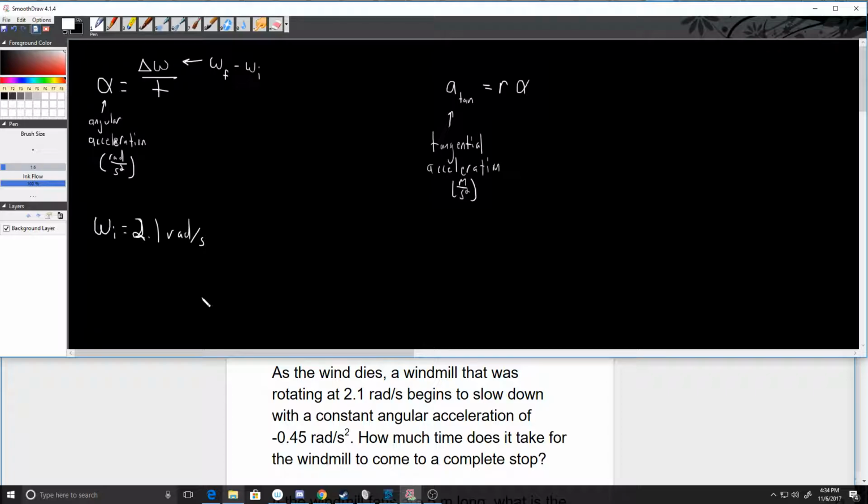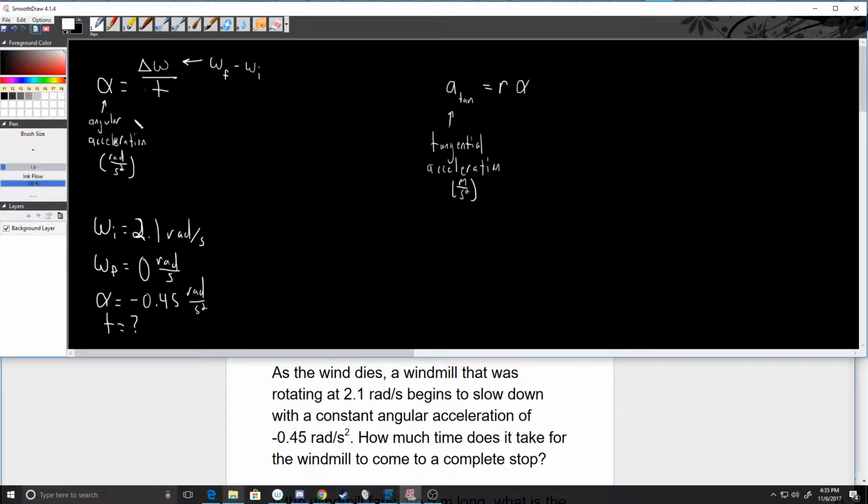They want to know how much time it takes for the windmill to come to a complete stop, so our final angular velocity is 0 radians per second. They give us the angular acceleration, alpha, which is negative 0.45 radians per second squared. And they want to know how long it will take to come to a stop, so I'm looking for t.